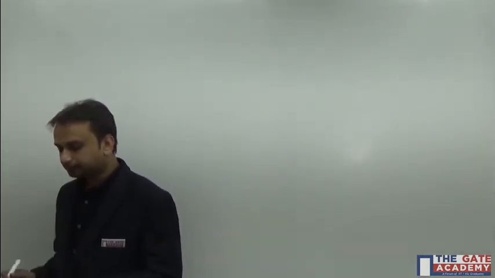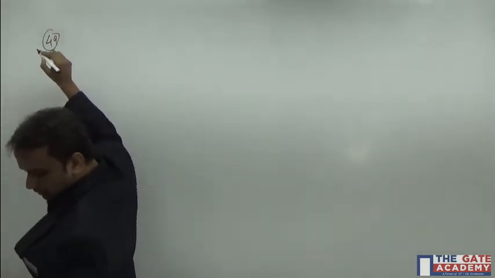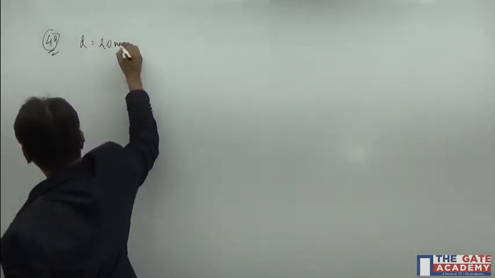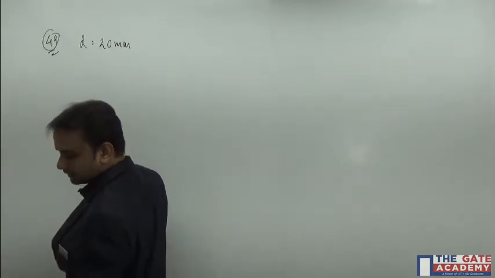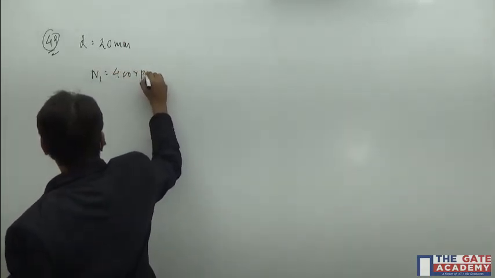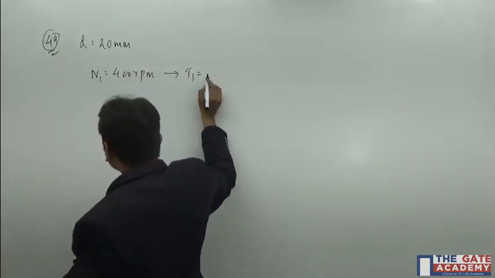Let us have a look. It's question number 49, and the diameter of the steel bar is given to you. It's 20 mm, and the spindle speed N1 is 400 rpm, and at 400 rpm you get a tool life of 20 minutes.